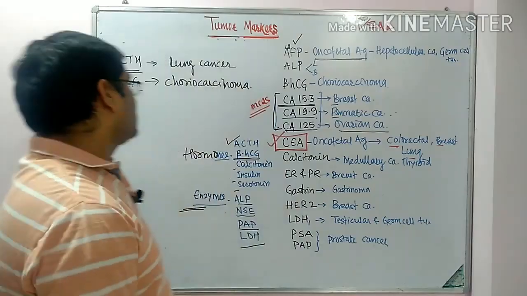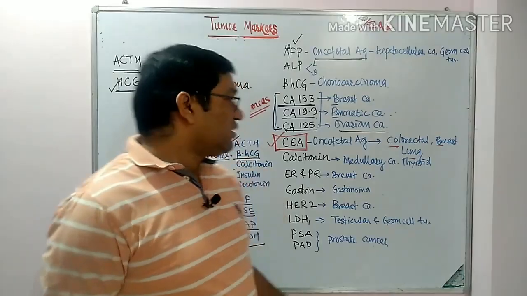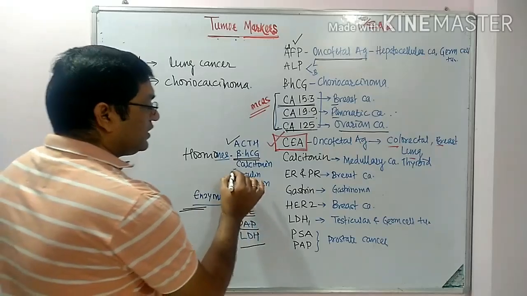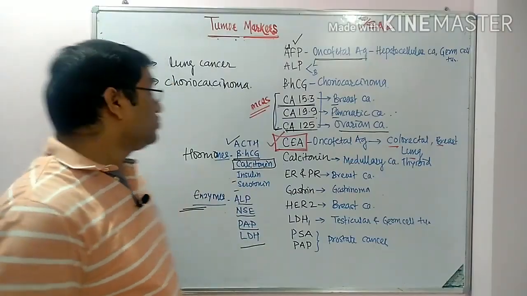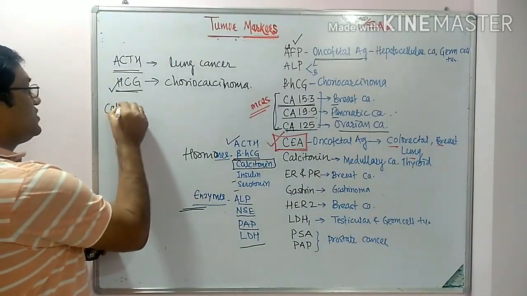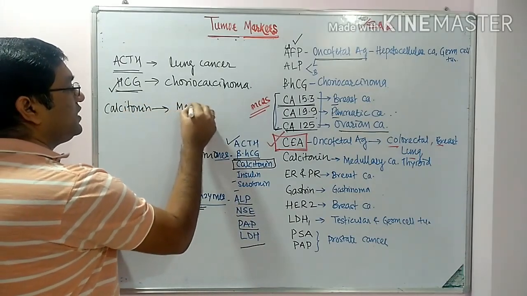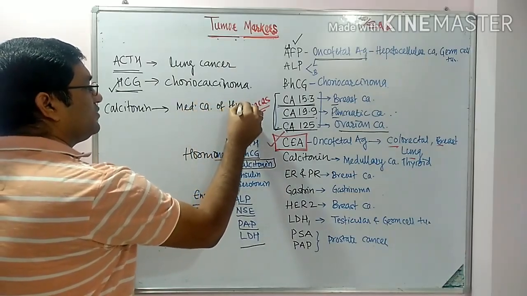This HCG concentration also increases during pregnancy, in normal condition. Then calcitonin is used for screening of medullary carcinoma of the thyroid gland.